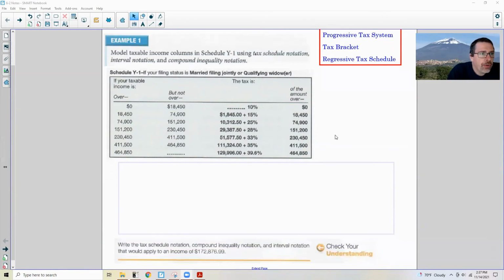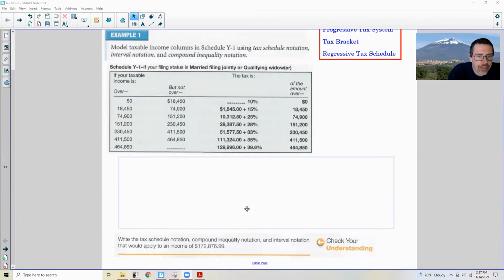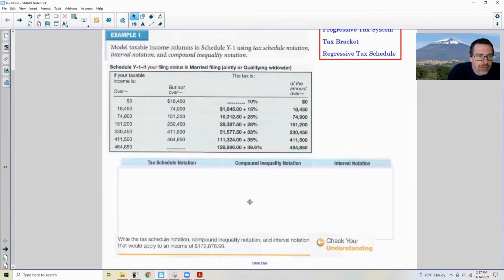And here we go. Example 1, model taxable income columns in schedule Y-1 using tax schedule notation, interval notation, and compound inequality notation. So they want us to model this using tax schedule notation, interval, and compound. That's all they're asking us to do here. So just to save time, I brought it in from a clip. And tax schedule notation is just simply this.